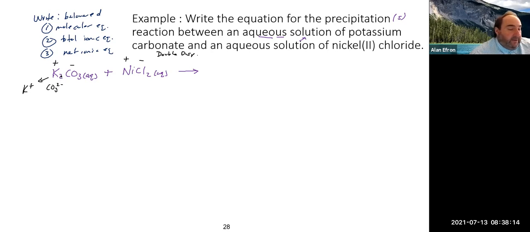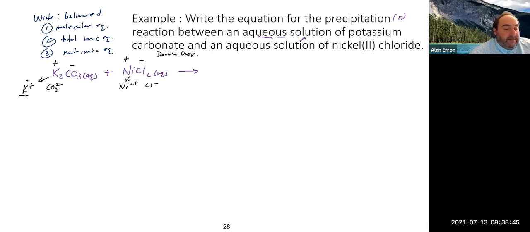I don't really care that there's a 2 there at this point. It has no effect on what the basic units are. The basic units of the other are Ni with a 2+ and Cl with a -1. Again, I don't care that much about the 2 at this point. So I'm not going to write anything crazy like Cl2- or K2-. That would be incorrect.